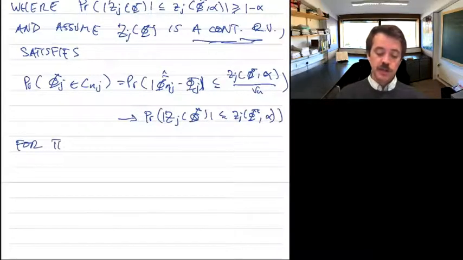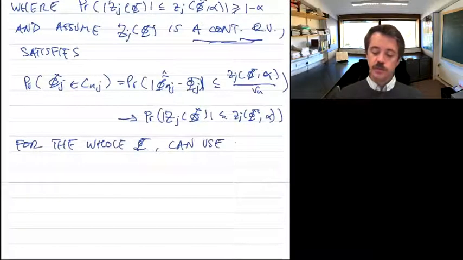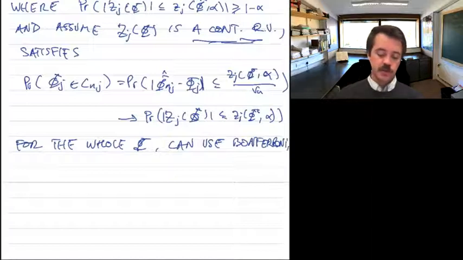Okay. So now let's look at the case in which we have the whole parameter, the whole capital phi. We can use what is called Bonferroni's correction.